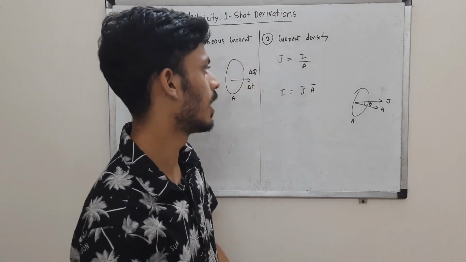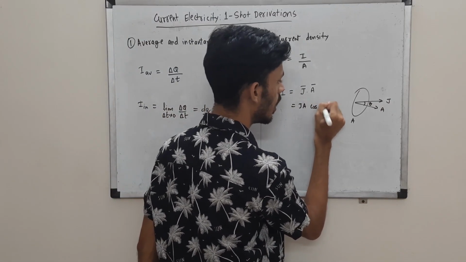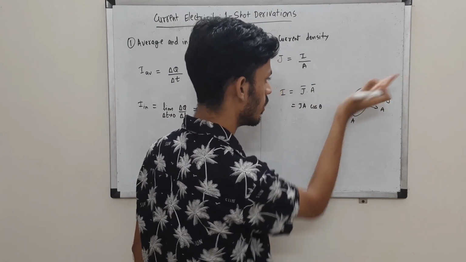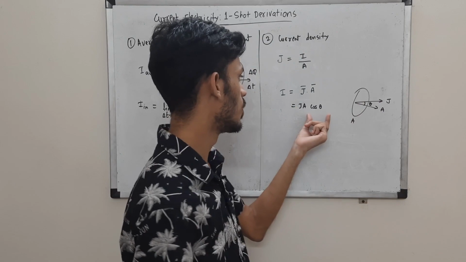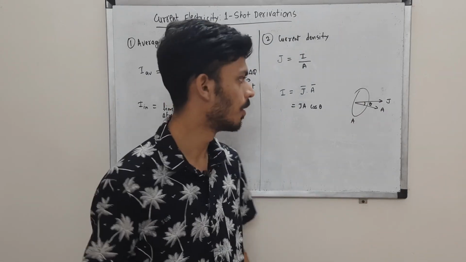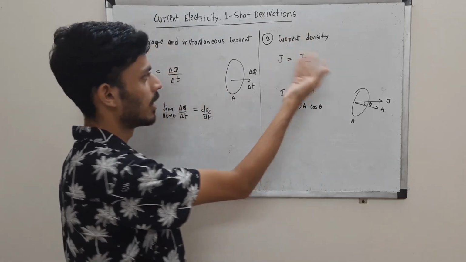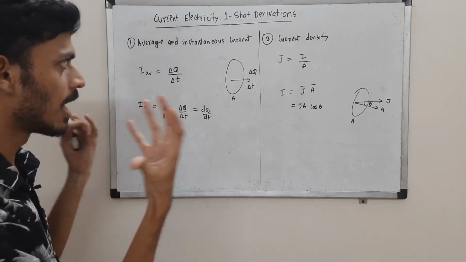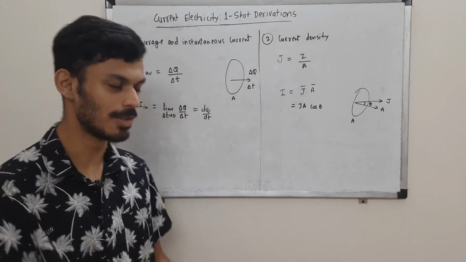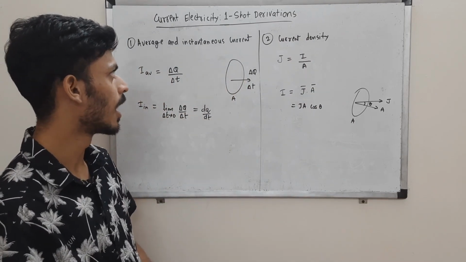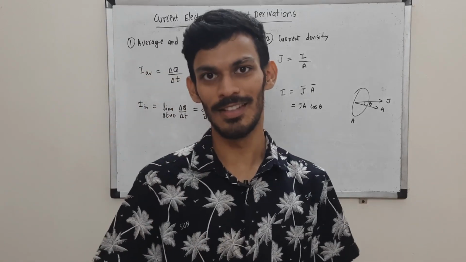J dot A, which is J A cos theta, where J cos theta is the component perpendicular to the surface, will give you the current. By magnitude, the current density is current per unit area. So these are a few terminologies that we will be using in our derivations, and it's important to know them. So let us begin with the actual derivations now.